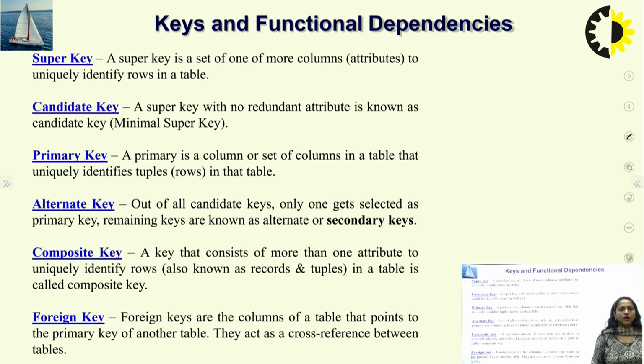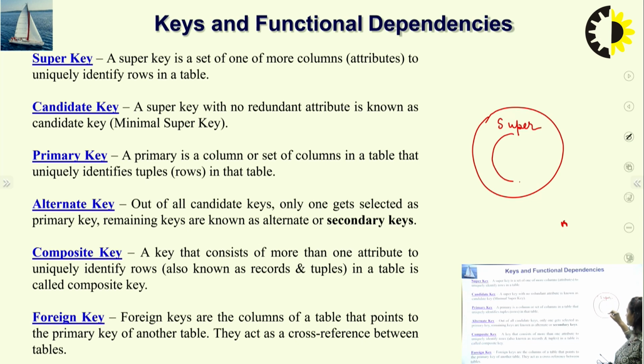Then comes the primary key. It is a column or a set of columns that uniquely identify the tuples in that table. We can understand it as: we have the super key, the subset of the super key is the candidate key, and the subset of the candidate key is the primary key.